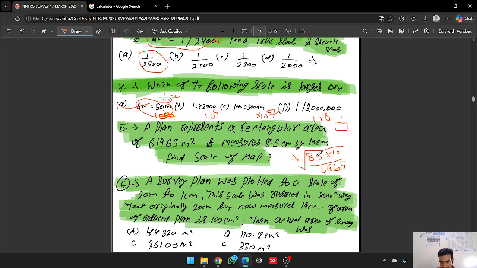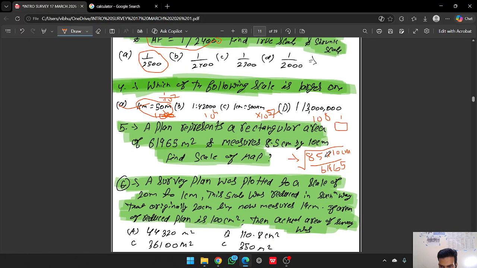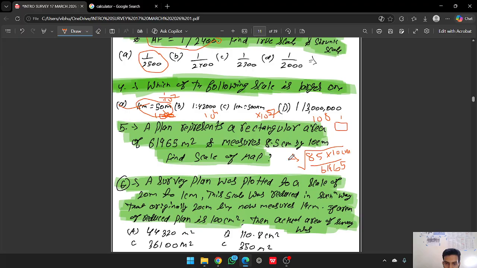If we multiply by this, then this will be in centimeter. Then this will be qualified by 1 centimeter, or we can put it like this.